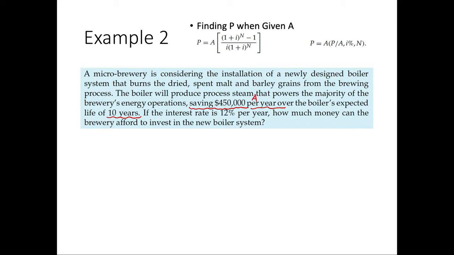So the problem equals to you want to find out the present value of that saving amount for 10 years. What's the present value of that cash flow? That's your real problem. So that is to find a P when given A. Okay? So still the first thing is you need to draw the diagram, the cash flow diagram.